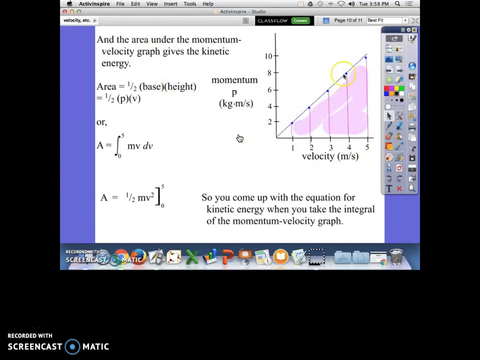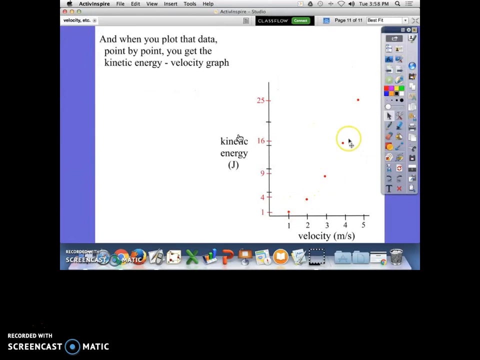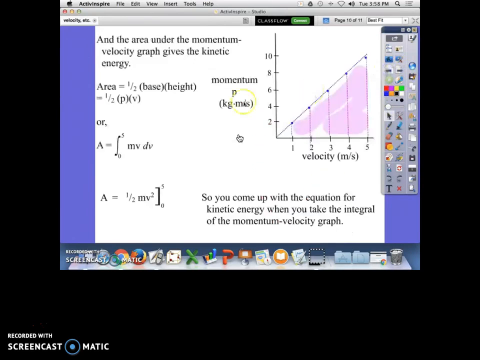And if you take the area under this momentum velocity graph, you take this area, and then this one, and then this one, and then this one, and then this one, you'll get the data points for here, here, here, here, and there. Then let's back up. If you work this, the areas are all triangles, and the area is 1/2 base times height, or 1/2 momentum times v. That'll get you the answer, or whatever combination of answers you want from your triangles down here.